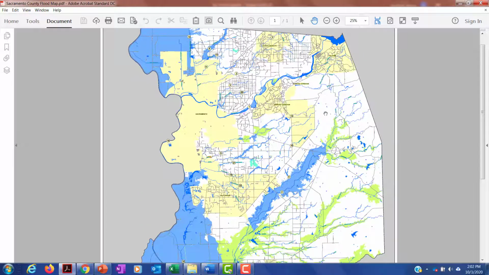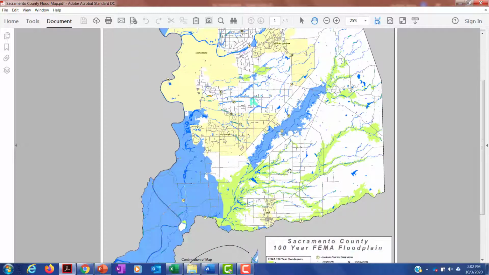For whatever reason, if it's an incorporated area, here's Folsom, here's Sacramento, it's yellow. They don't show you where within the incorporated areas is part of the 100-year floodplain. Frankly, I'm not sure why. I know that there are areas within incorporated areas that are within the 100-year floodplain. The FEMA maps don't show it.